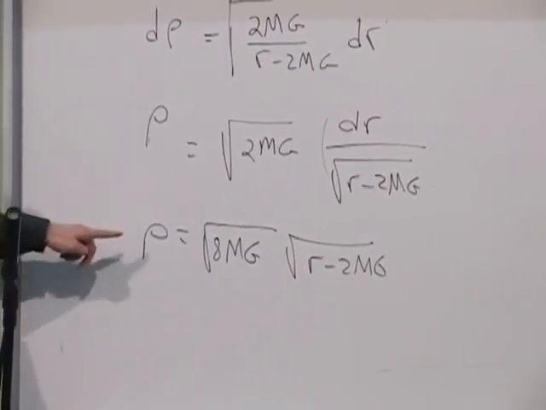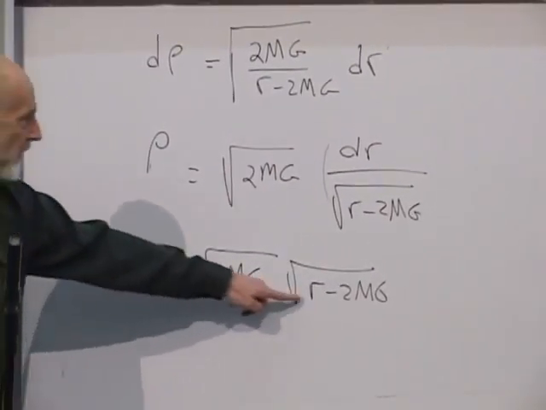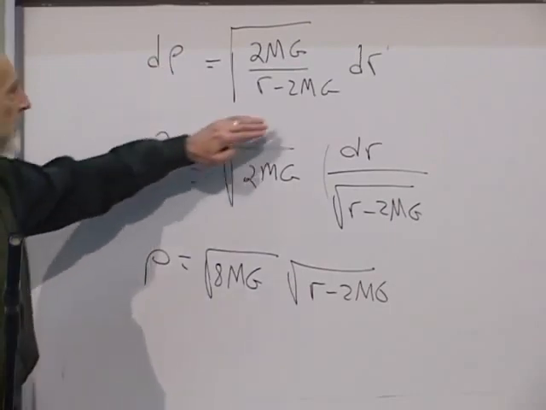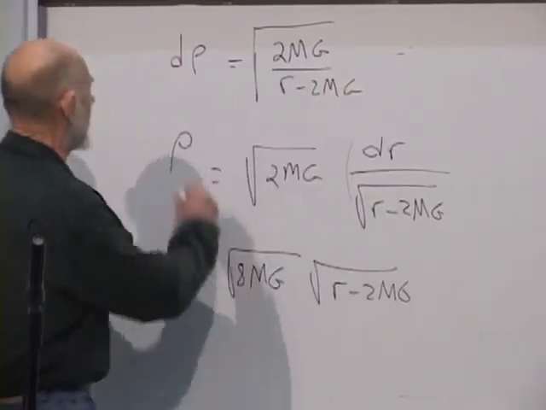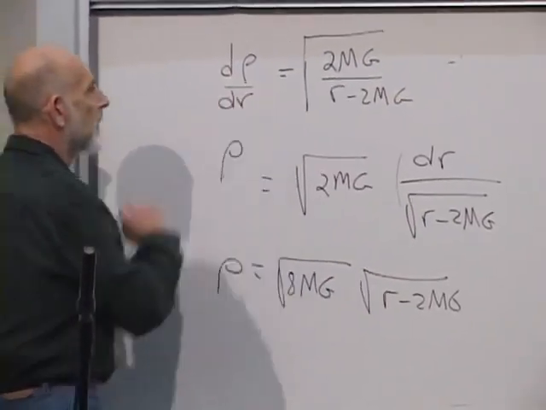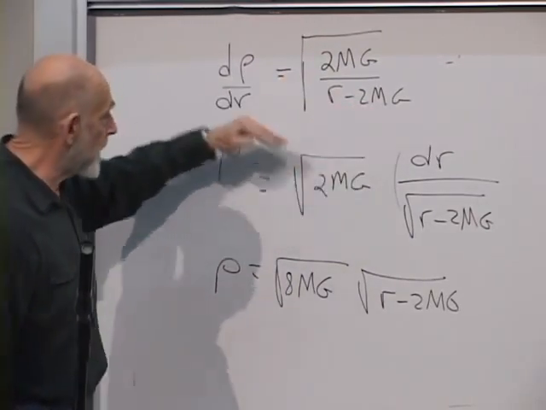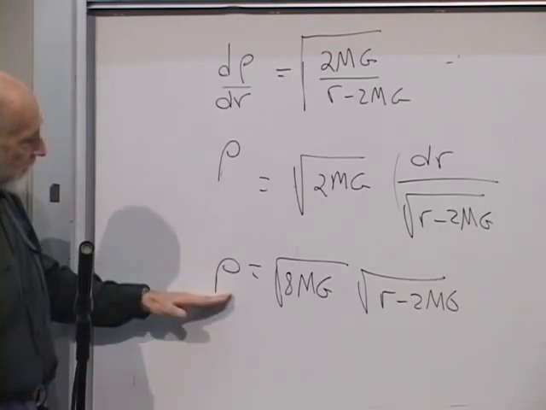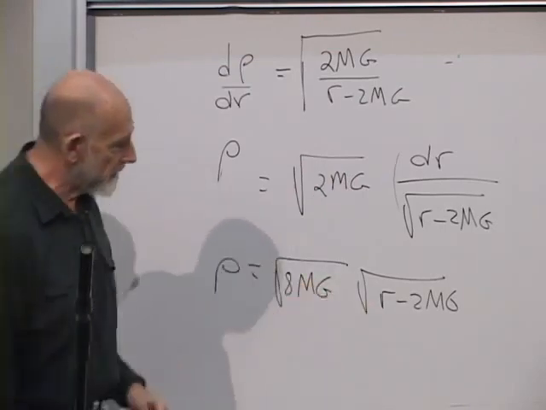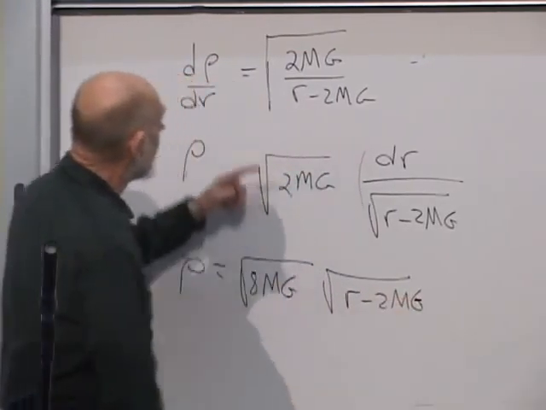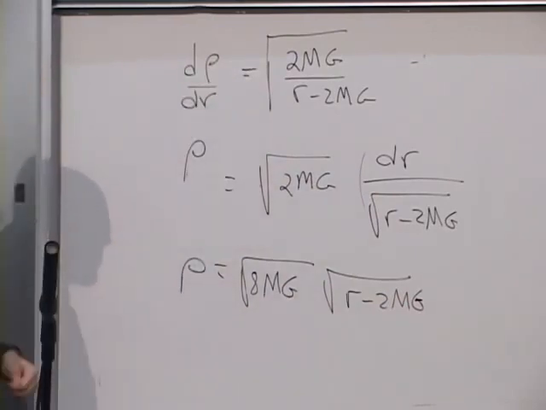If you don't believe it, differentiate rho with respect to r and check. This is the same as saying that d rho by dr is equal to the square root of 2mg over r minus 2mg. Differentiate with respect to r and reproduce that. That's an exercise for you.